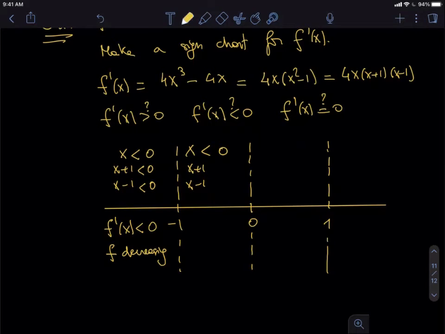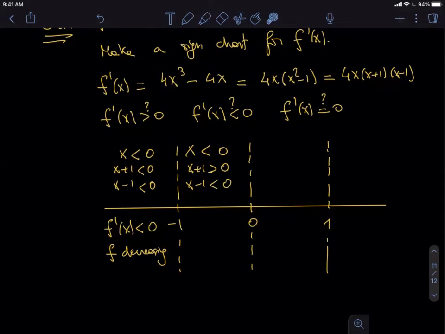Okay, so what do we have here? We have a positive number. And x minus 1 still, because we have x that is negative and we are subtracting 1, it's still negative. All right, so we have a product of two negative numbers and one positive number when we look at the derivative.